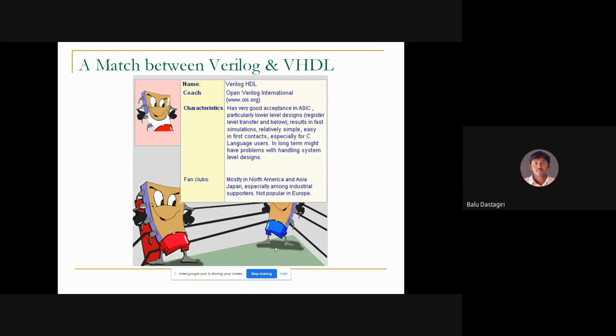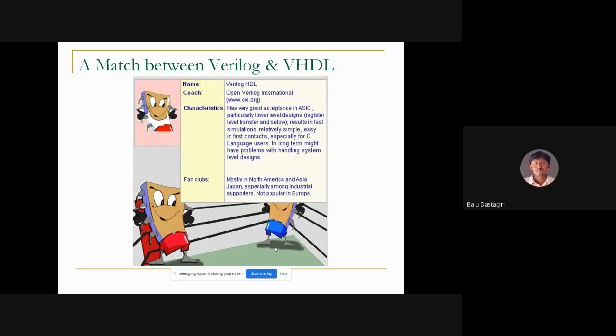What is the importance of Verilog HDL? It has very good acceptance in ASIC. If you want to implement an application specific integrated circuit, Verilog HDL is accepted more. Moreover, at lower level designs, Verilog HDL will be used. One important thing is that the simulation results in Verilog HDL are very fast when compared with VHDL. Writing programs in Verilog is very simple when compared with VHDL.